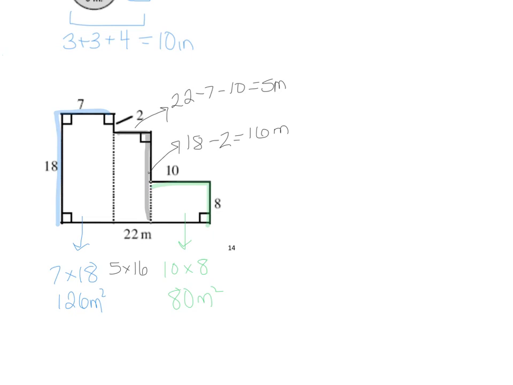So for the middle rectangle, we would say 5 times 16, which is 80 meters squared. To find the total area, we must add 126 plus 80 plus 80, giving us a total of 286 meters squared.